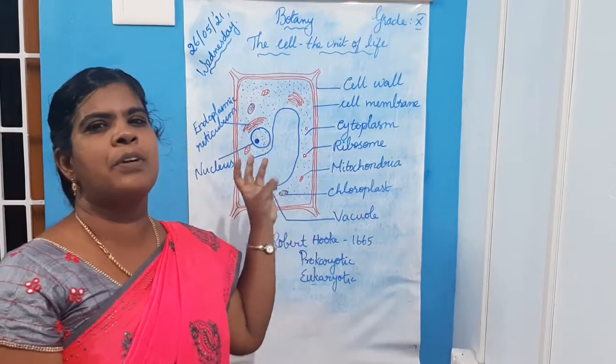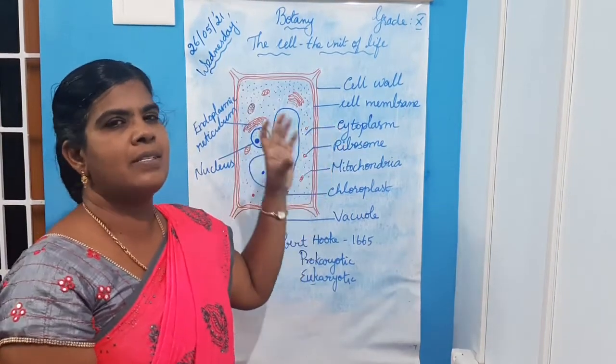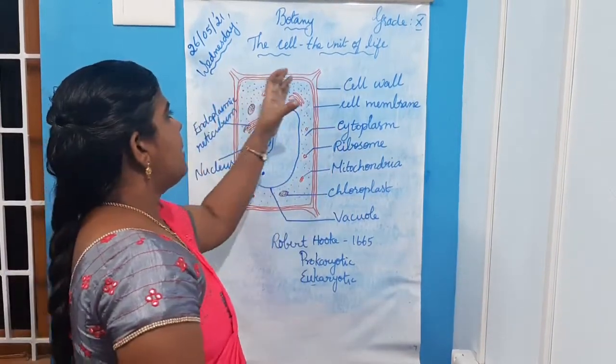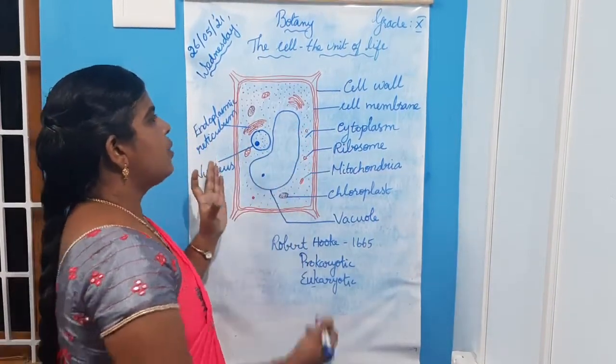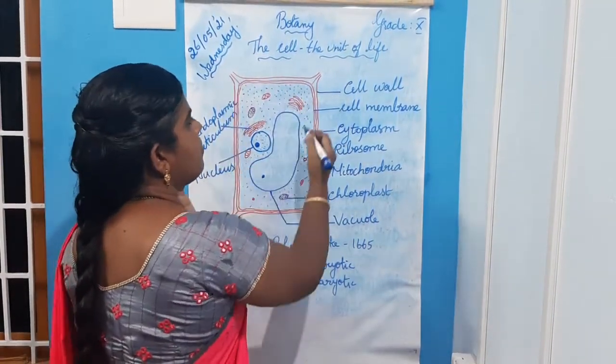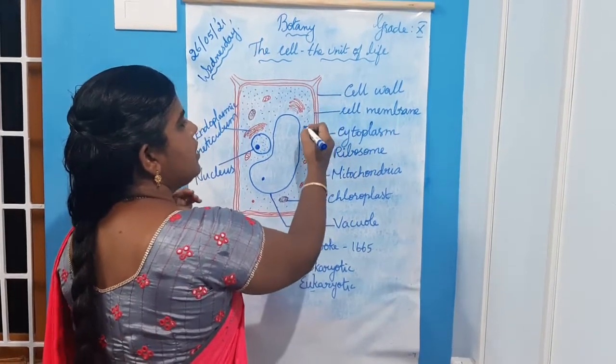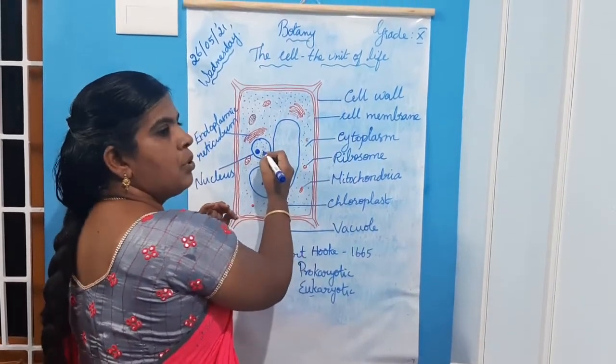The cell is formed of three main components. One is the plasma membrane, next the cytoplasm, and the nucleus.